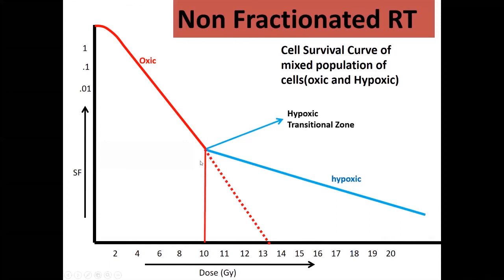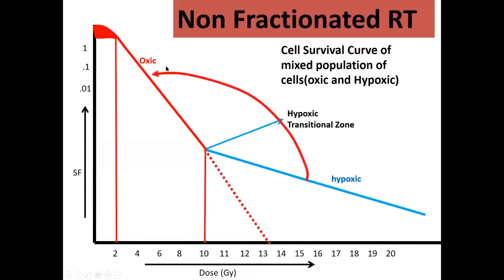Now what happens if you give fractionated radiotherapy? You deliver 2 gray per fraction, and it will only kill oxic cells. There is no effect on hypoxic cells. But during fractionation, some of the cells in the hypoxic compartment will move on to the oxic compartment and will become sensitive. In non-fractionated radiotherapy, you deliver a very high dose of radiation, say 12 gray.